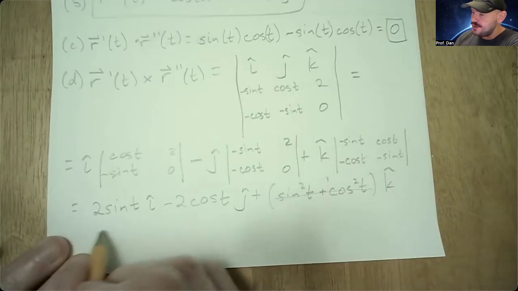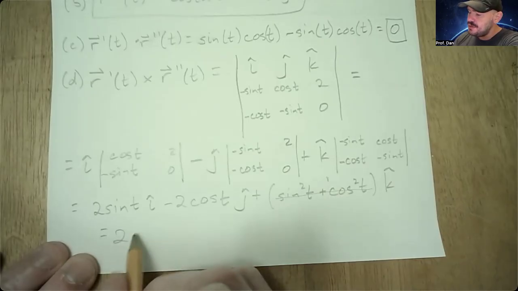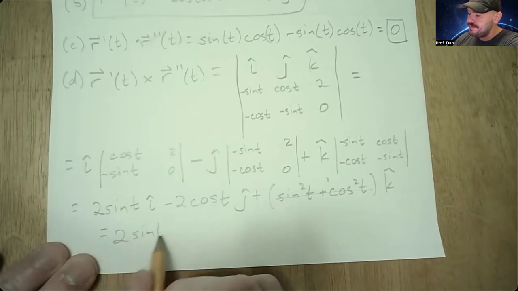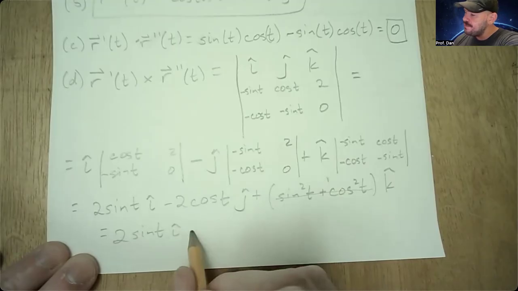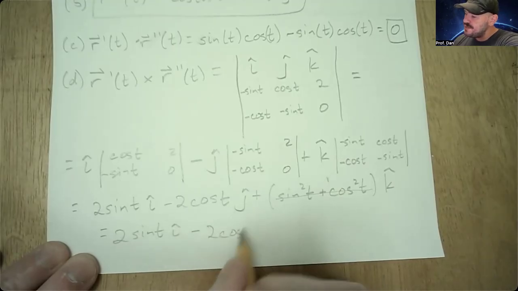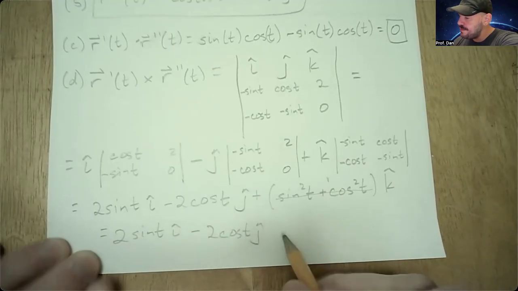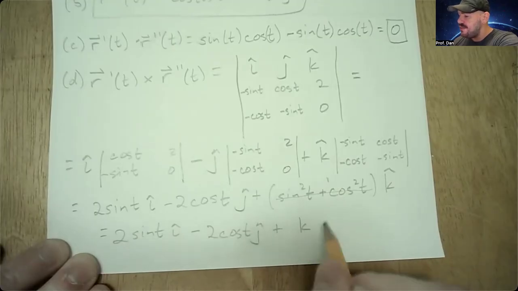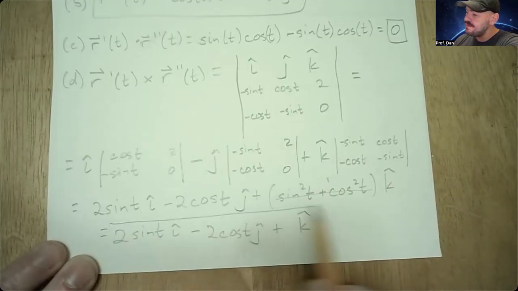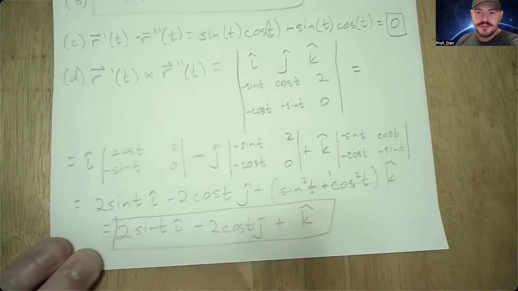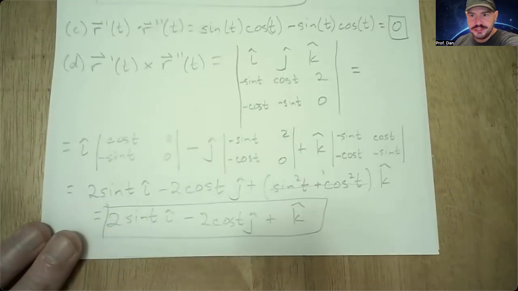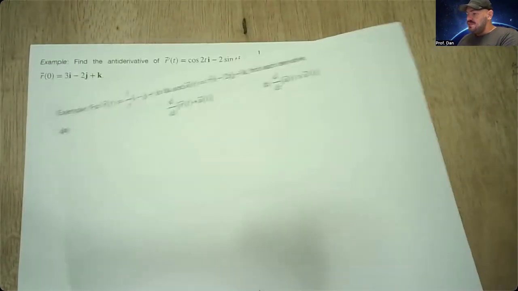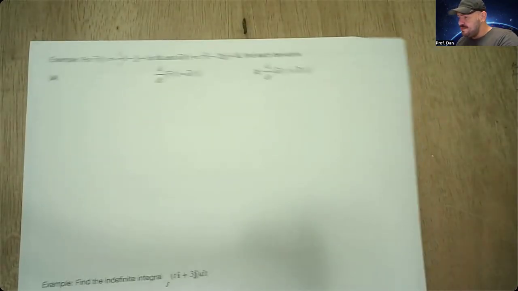So our answer is going to be 2 sine of t i minus 2 cosine of t j plus k. And there we go. We have another vector valued function. Moving on to the next example.